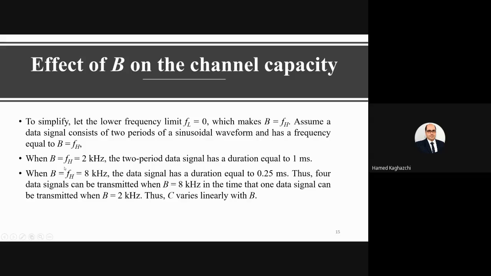So if FH is 2 kilohertz, it means that my bandwidth is also 2 kilohertz. What does it mean? It means that we have 2 periods of the data signal in 1 millisecond.